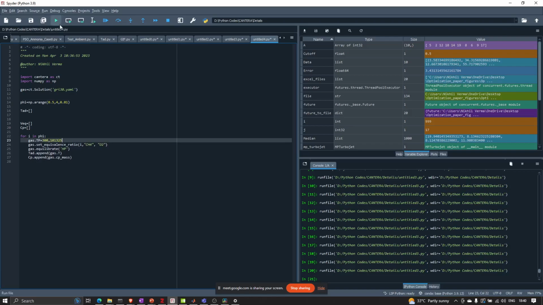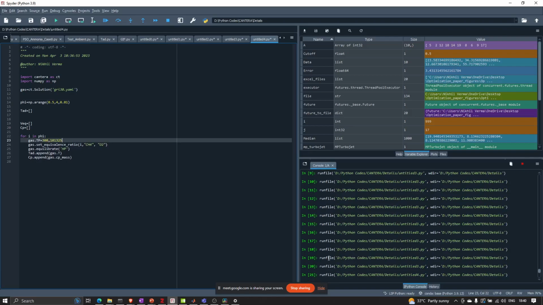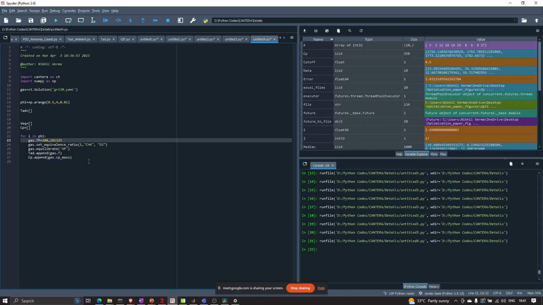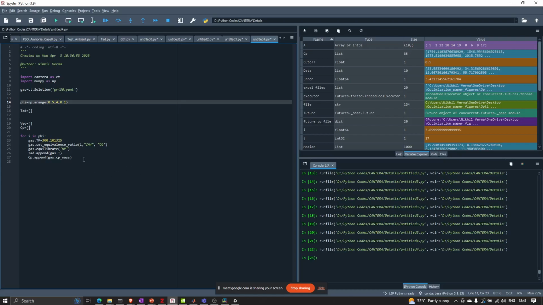Yeah, so let us run this. We got few values, so let us decrease the increment first. Now let us calculate what is V equivalent.